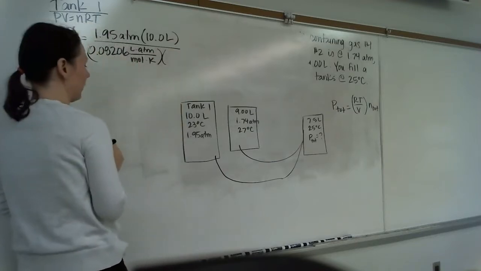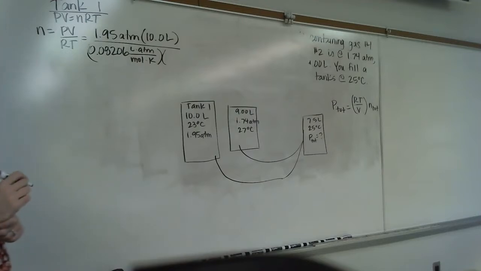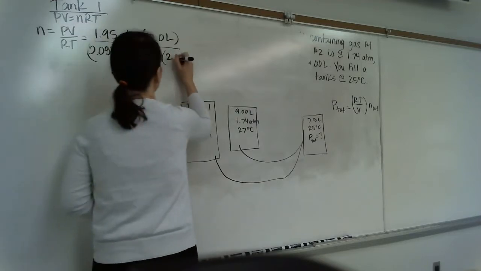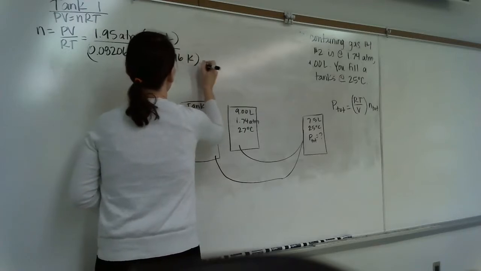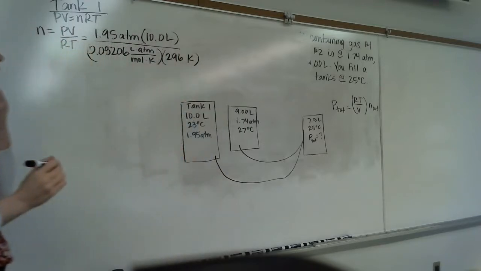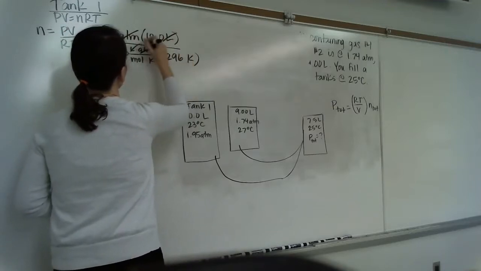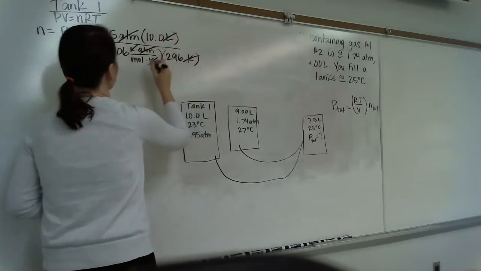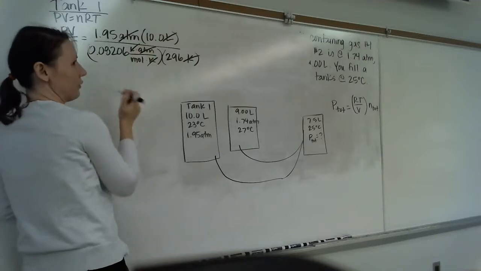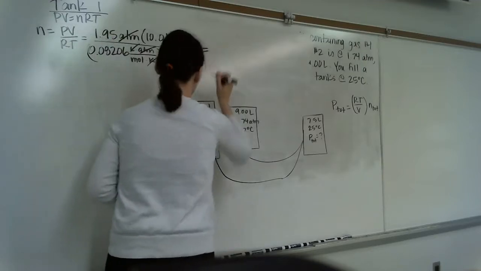And temperature is 23 degrees Celsius. What's that in Kelvin? We can't use Celsius. 296. And for those of you watching at home, let's remind ourselves, how do we convert Celsius to Kelvin? We just add 273, right? So atmospheres cancels, liters cancels, Kelvin cancels, 1 over moles gives me units of moles, right?